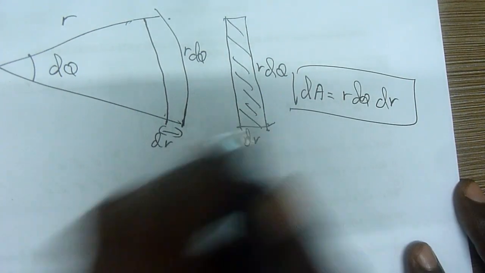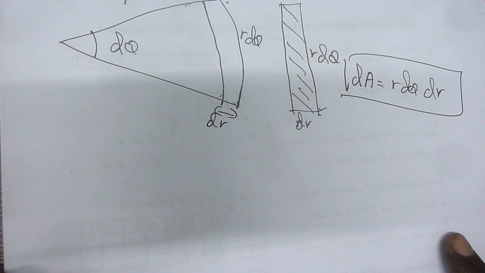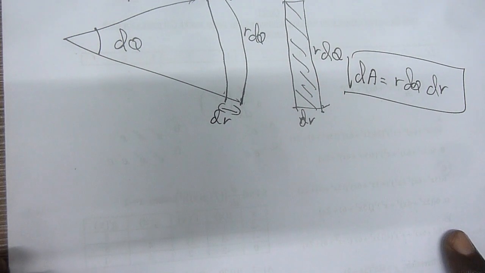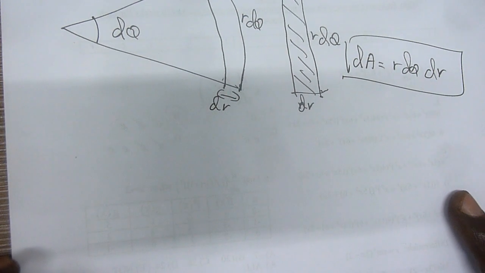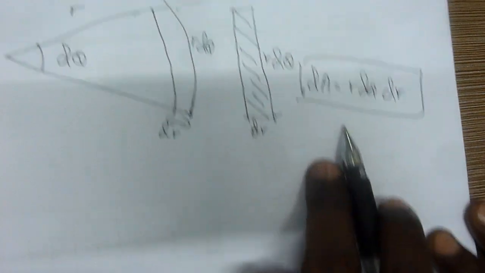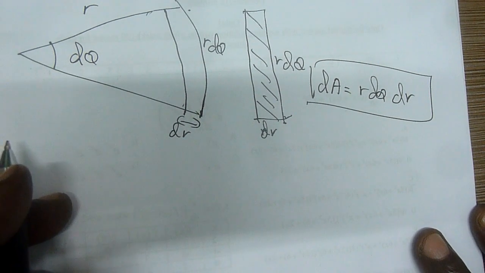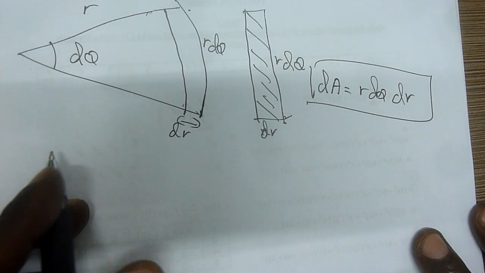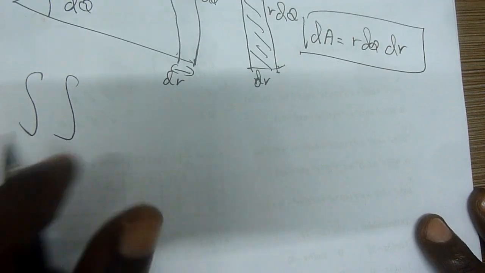Now you know the formula for dA already. Every time we refer to dA in polar coordinates, we are going to use this equation. I won't go too detailed inside the equation here because it will take too long.